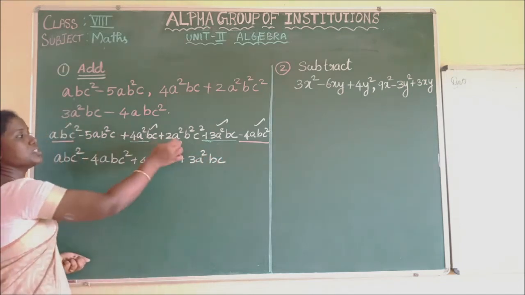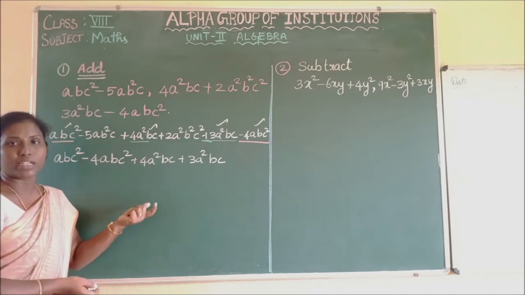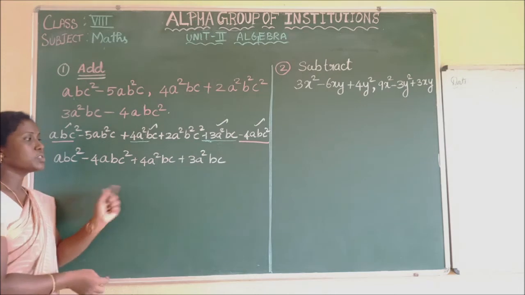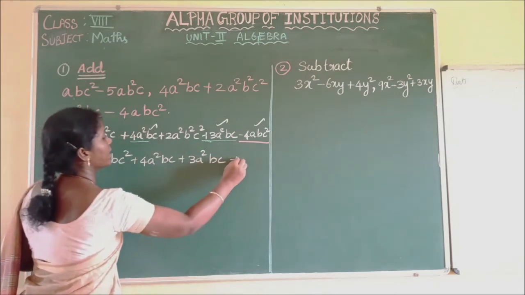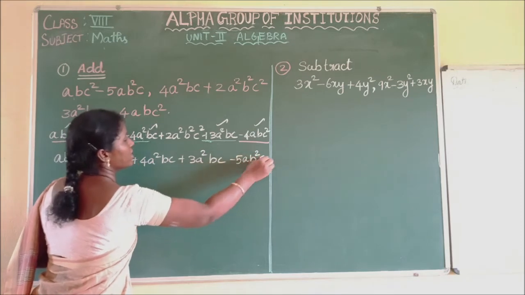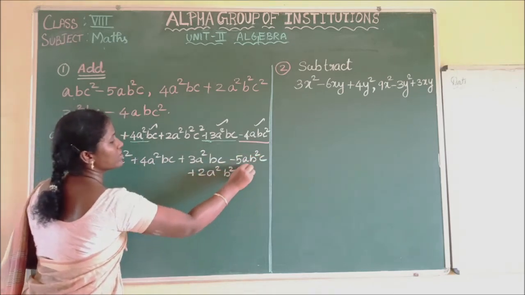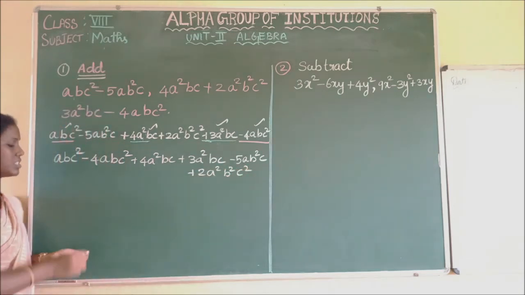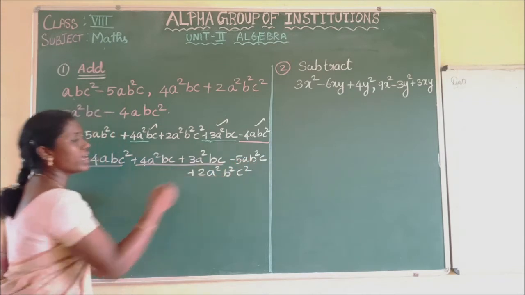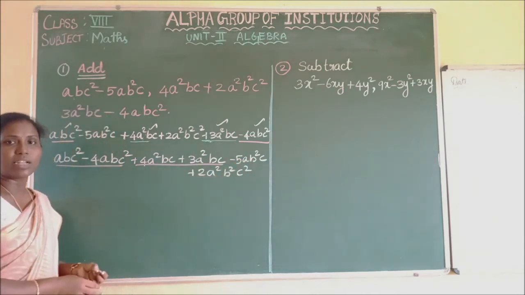Apart from this, the other two are unlike terms because they have different factors. They cannot be added or subtracted, so keep the terms as they are: minus 5ab square c and plus 2a square b square c square. Just regroup here; this and this are like terms, the other two are unlike terms.